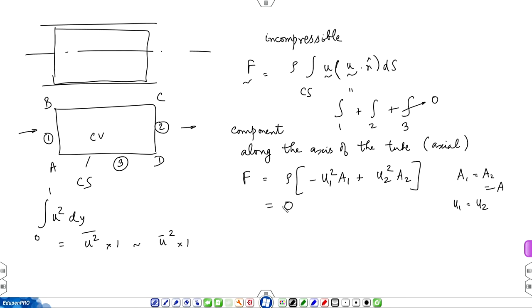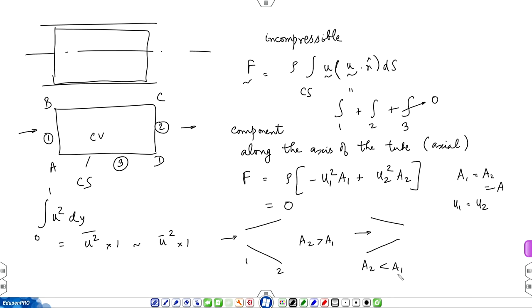Now, suppose A 1 is not equal to A 2. So, let us say you have a geometry like this, where A 2 is greater than A 1, or you have a geometry like this, where A 2 is less than A 1. If A 2 is greater than A 1, what you have is not a tube.